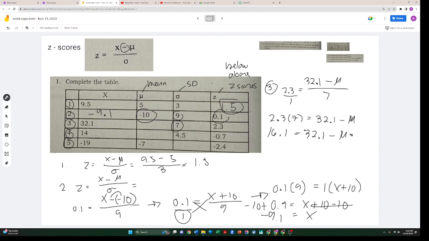So mag-minus ko dire og 32.1 para matanggal ni siya, no? Kay positive 32.1 minus 32.1, which is 0 na lang. Ang mabili na lang kay negative mean. And then kung nag-minus ka, mag-minus pud ka dire sa pikas, minus 32.1. So pila na siya? Negative 32.1 plus 16.1, which is negative 16 na lang.